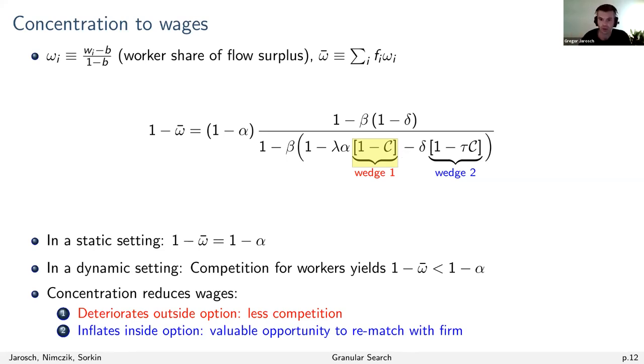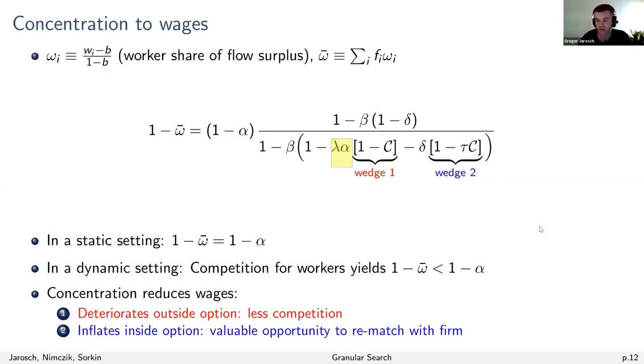What do they capture? You can think of the first wedge as being about the outside option, which is what I've been talking about. There's just less competition if there are many large firms around, and that partially wipes out competition. In the limit where there's just one monopsonist, the outside option is fully gone.